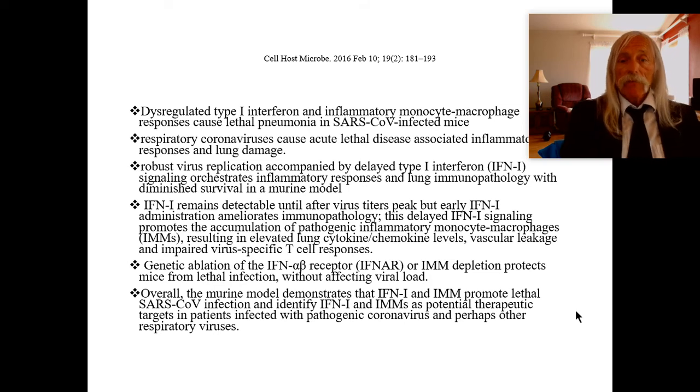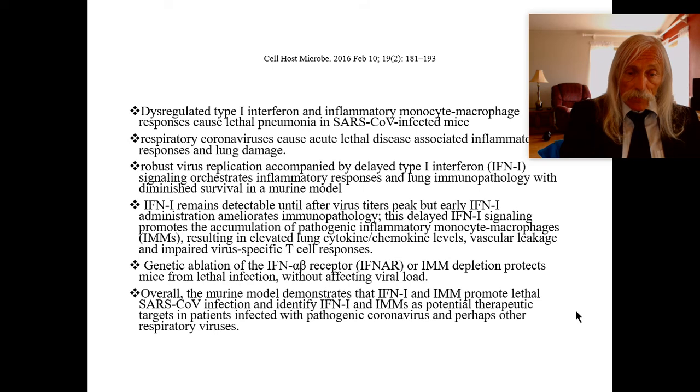It results in elevated lung cytokine chemokine levels, okay, when it's delayed, vascular leakage, and impaired virus-specific T-cell response. But we talked a lot about this before. Vascular damage, less oxygenation of the blood, less delivery of oxygen to the periphery, therefore what? Major organ failure ultimately can cause death. There you go.